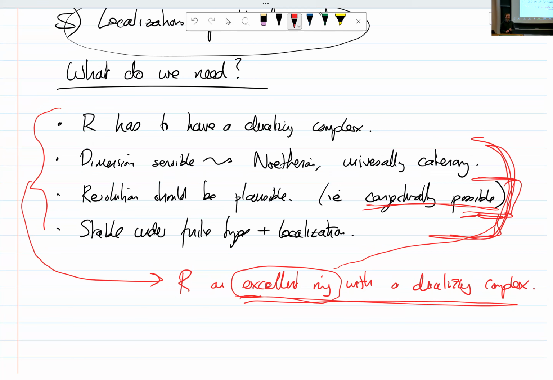Okay, so right. Dimension 3, you know it exists. Dimension 4, you don't know it exists, but it's a reasonable thing to say. Assume resolution holds, then we get these consequences, which you certainly can't do without. I mean, it's known that if you're not excellent, resolutions don't exist, I guess is the point here.